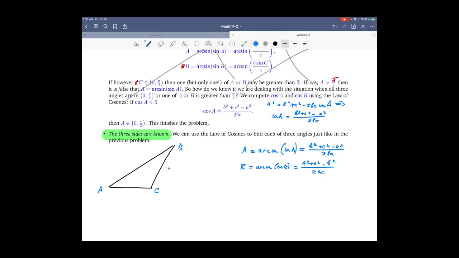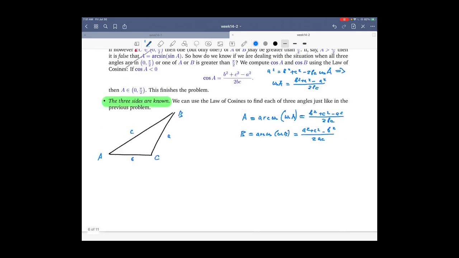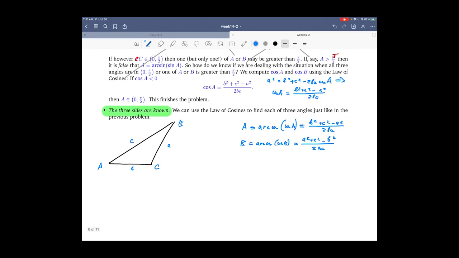So we know a, we know b, and we know c. And of course, here we can just again use the law of cosines.